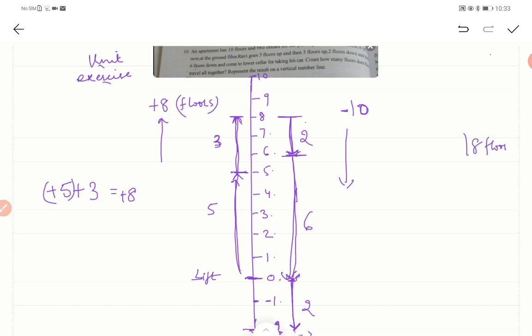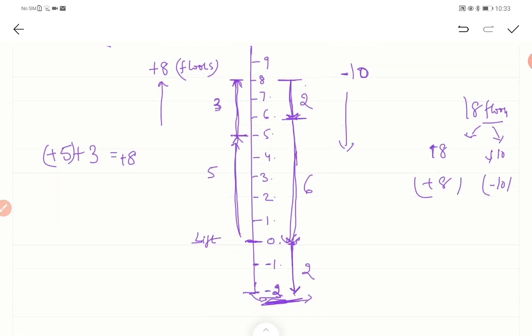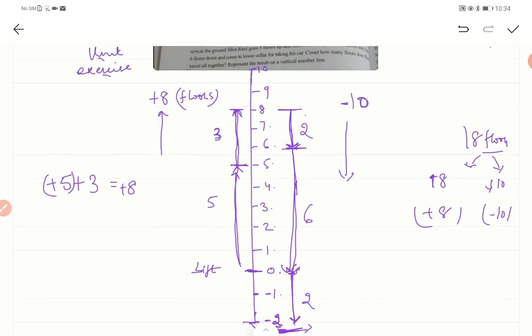Out of 18 floors, 8 floors he traveled upwards and 10 floors he traveled downwards. So I can represent this as plus 8 and this as minus 10, or with the arrow mark also you can represent. This is how you represent it on your number line.